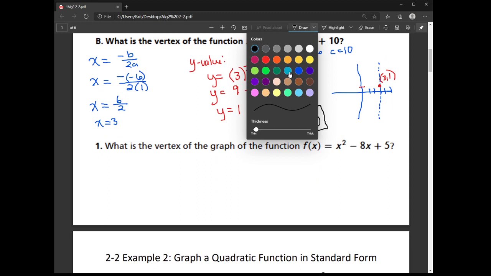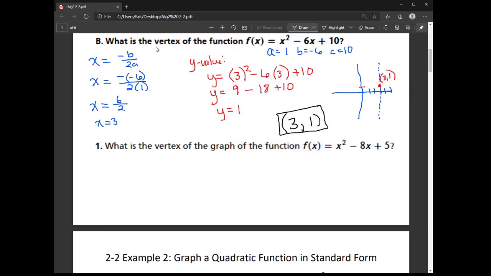Let's try another one, just to make sure that we understand what we were doing. First we're plugging in to find the x value using negative b over 2a. So let's check our a, b, and c values. Here a is 1, b is negative 8, and c is 5. When I plug that in, negative b, so negative 8, over 2 times a, which is 1.